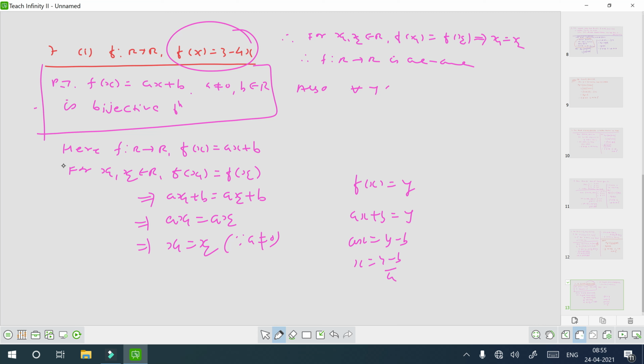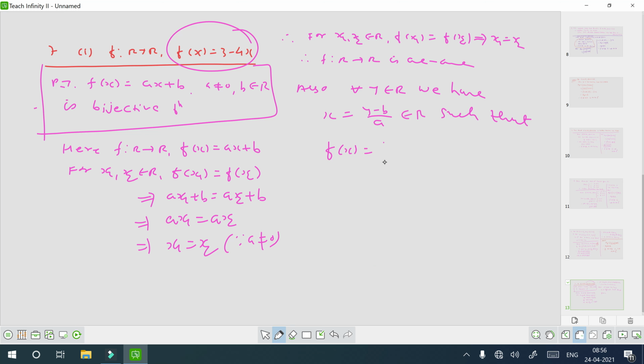Also for every y belongs to R, we have x is equal to y minus b by a belongs to R, such that f of x is equal to f of y minus b by a, a of y minus b by a plus b, that is equal to y minus b plus b, that is equal to y.